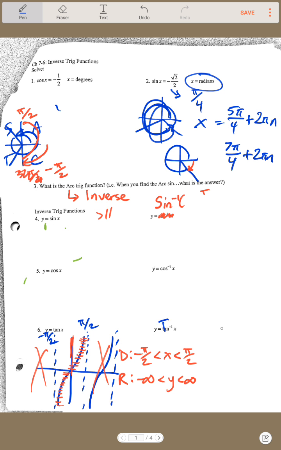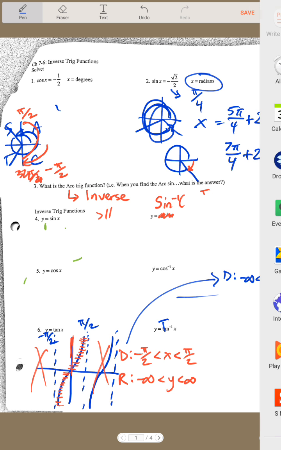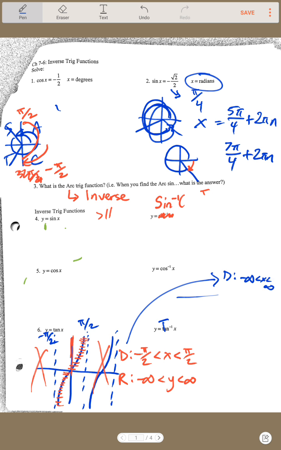And so for the inverse tangent function, we know that its domain is now going to be from negative infinity to infinity. And our range is going to be from negative pi over 2 to pi over 2. So on our graph, the domain is just going to keep on going.